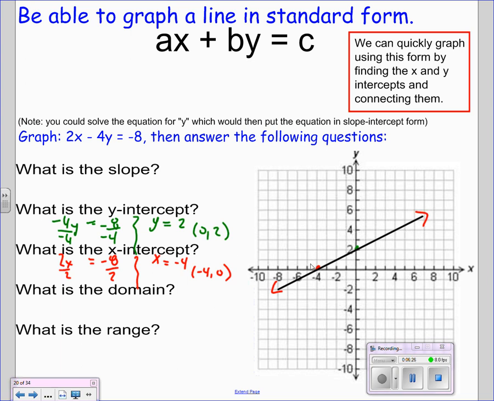We can now count our slope from our x-intercept to our y-intercept. So we rise up 1, 2. We run over 1, 2, 3, 4. So for our slope, it's our rise of 2 over a run of 4, which reduces to 1/2. And then the domain and the range are exactly the same as the previous example. So just copy and paste the information, please.